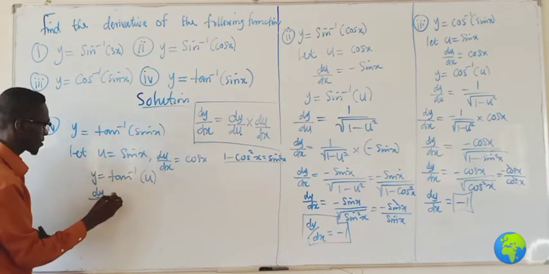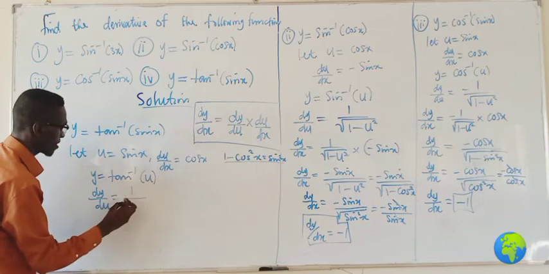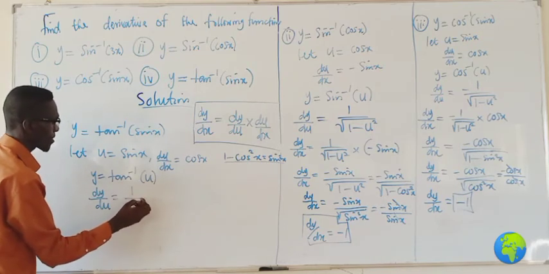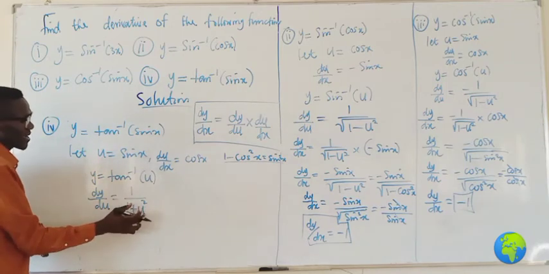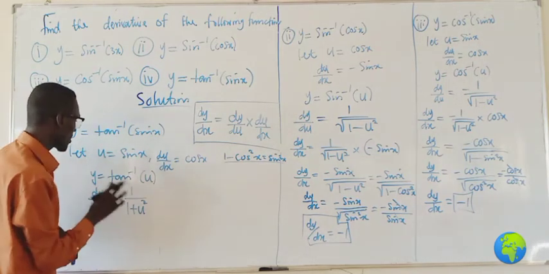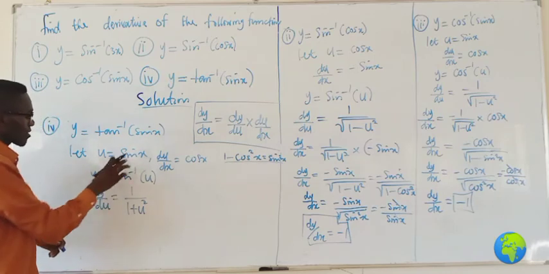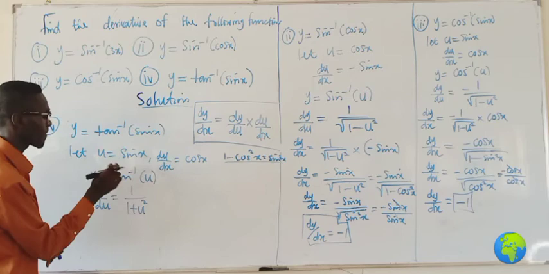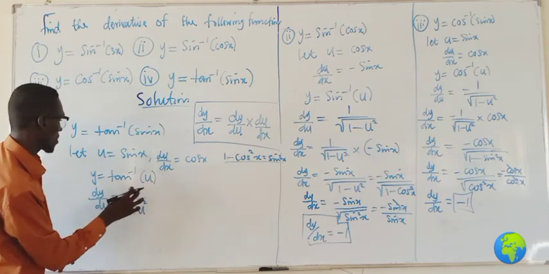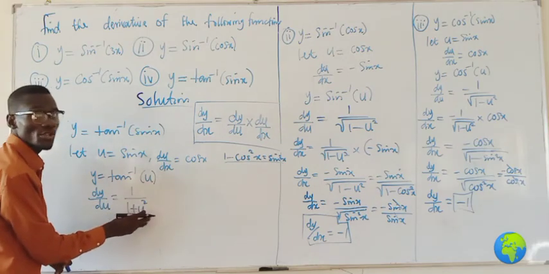dy/du is going to be 1 over 1 plus u square. Don't forget what I said in the last video. I taught you guys how to find the derivative of the tan inverse of x. So it's something I applied there. In case you are confused about this, you can watch the video on how I got the derivative of the tan inverse of x. So this dy/du is 1 over 1 plus u square.